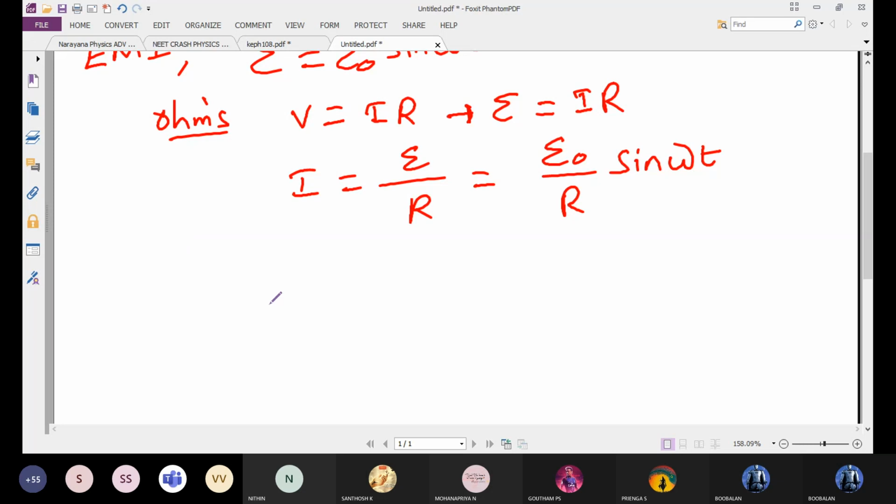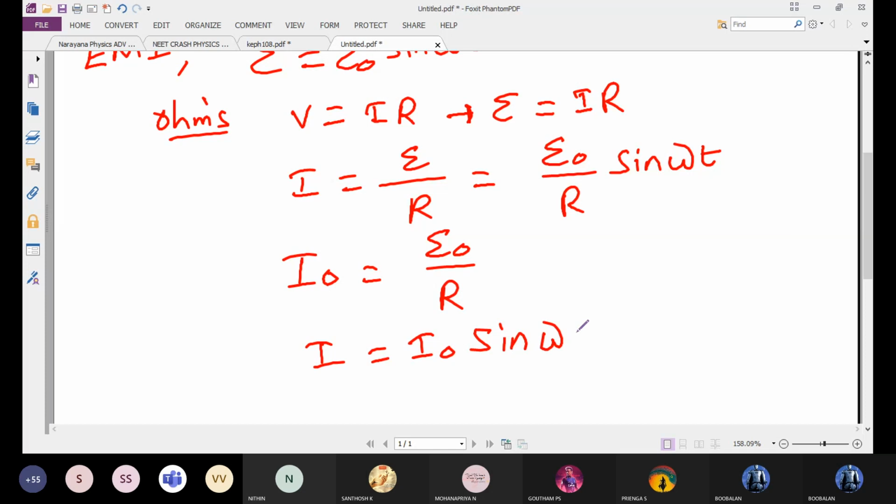I am using one new term, I naught, which means E naught divided by R. So you will get I equal to I naught sin omega t. This is the first formula.